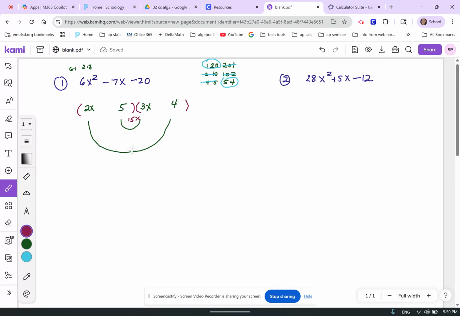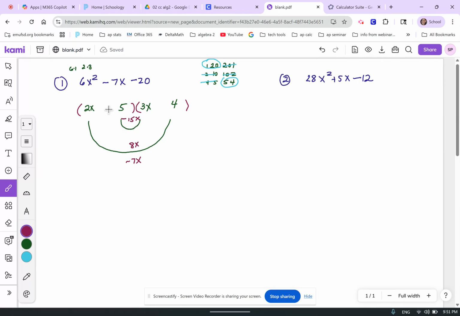The product of the outer is 8x. I know the signs have to be different, and since my middle term is a negative number, the larger number is going to get the negative. When I add down, negative 15x and 8x is negative 7x. So I know I placed the numbers incorrectly.